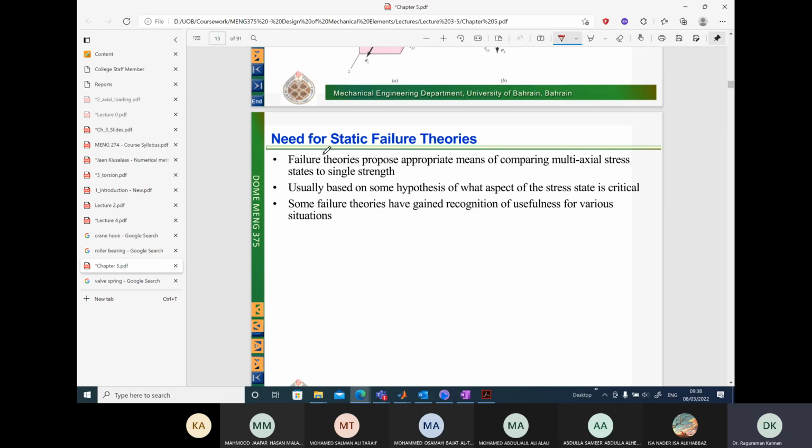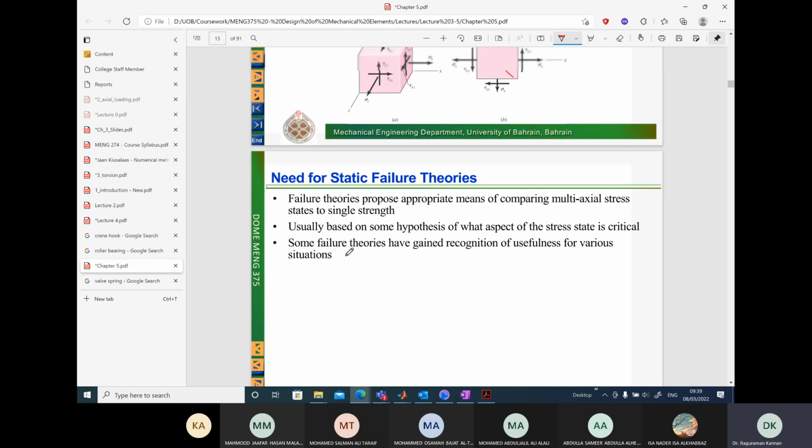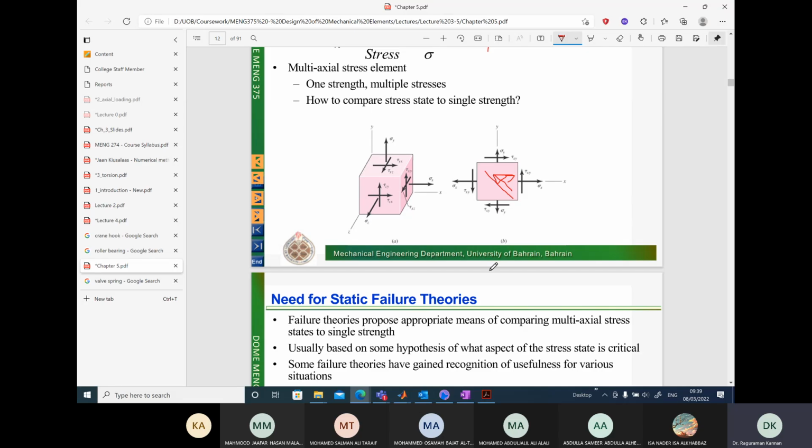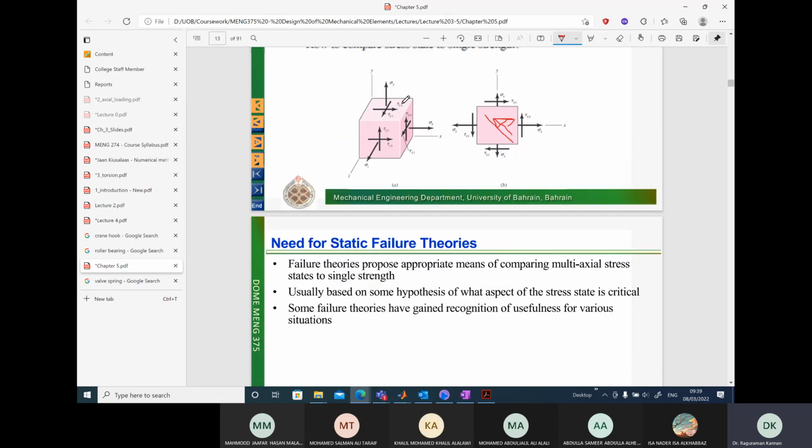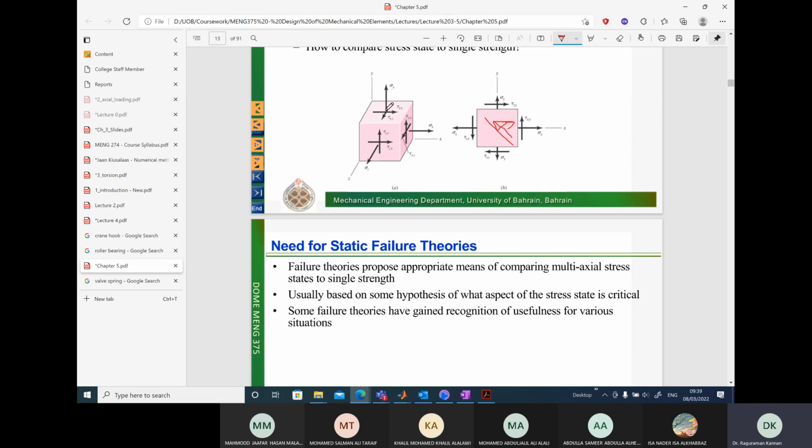So what do these failure theories do? Failure theories propose appropriate means for comparing multi-axial stress states, especially to the strength. In what way do we compare the multi-axial stress states to the strength values we obtain from uniaxial tests? It is usually based upon some hypothesis.